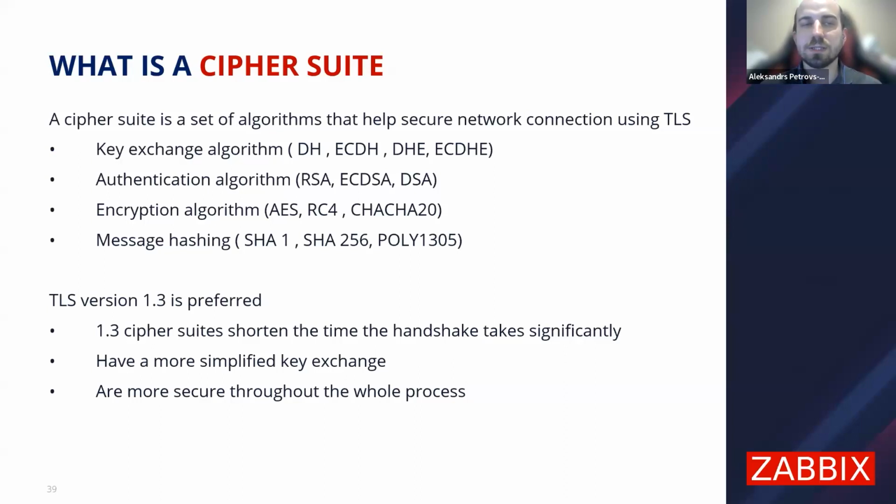But in any case, it is really preferred to use TLS version 1.3, since version 1.3 shortens the handshake significantly, up to 30%, because of having a simplified key exchange, and overall is considered to be more secure.